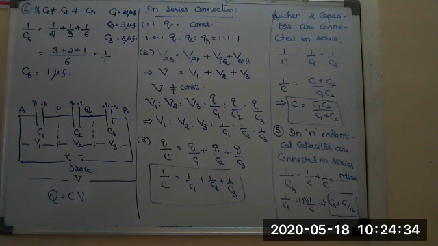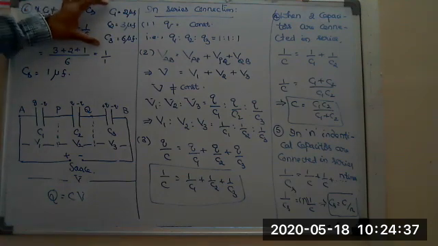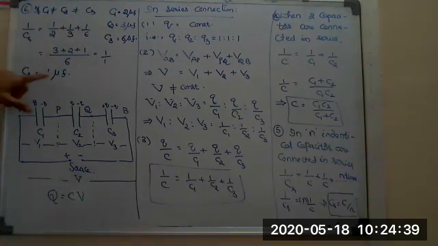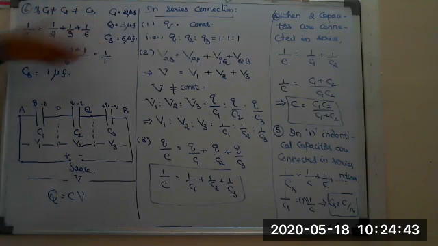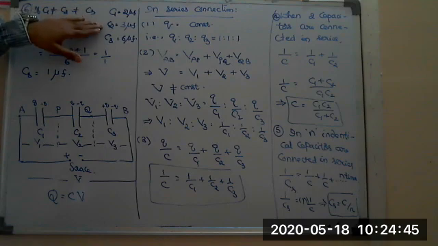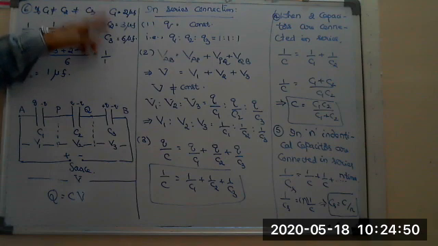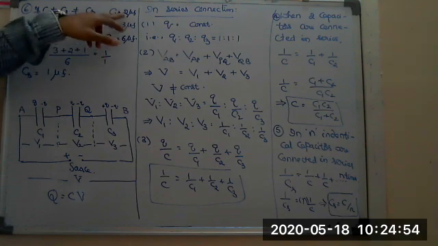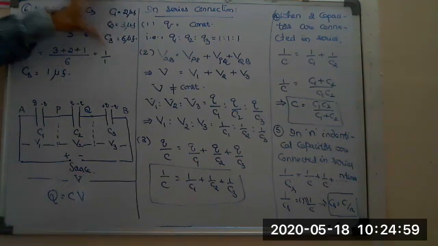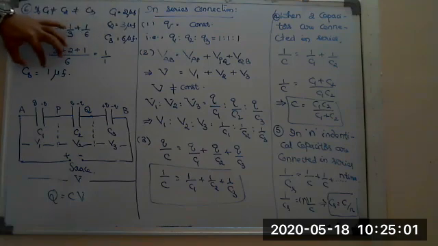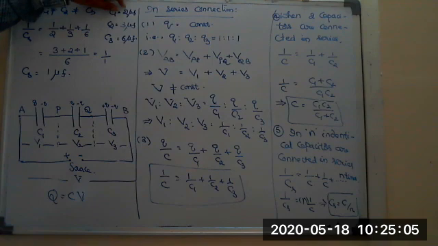Look at the individual capacities: 2, 3, 6. The effective capacity of 1 microfarad is less than even the least individual capacity. Out of the 3, the least individual capacity is 2, the least value of the 3 given values. So the effective capacity I got, 1, is less than even 2.